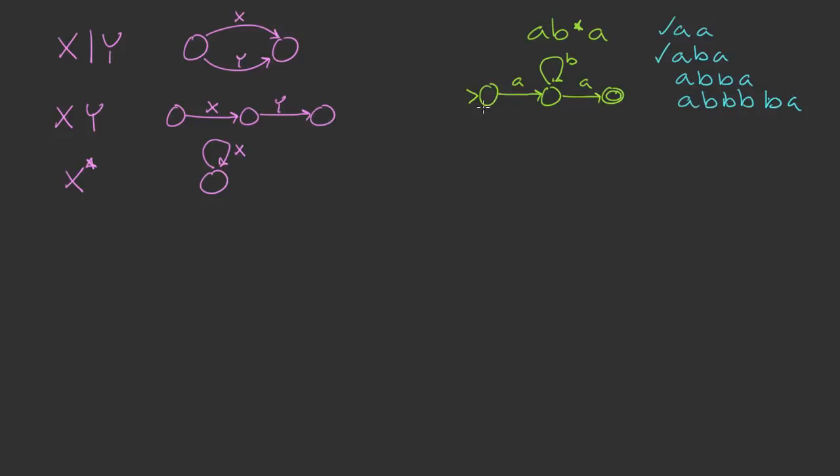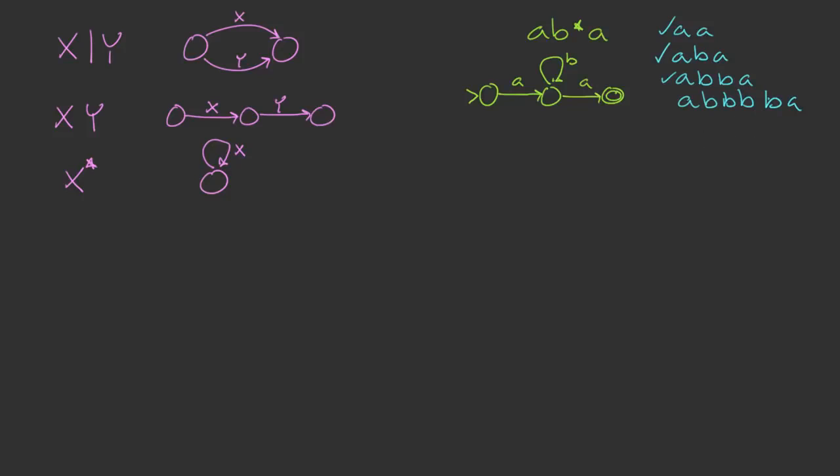We start at our starting state, follow the first edge for an A, then follow the loop for a B, and follow the next edge for an A. We end up in our final accepting state, so this string works as well. Then we'll do A, B, B, A: we start at the first one, follow the edge, follow the loop twice for the two B's, then follow the A again and end up in the final state. So this one works, and it works as well for the last one with 4 B's in a row.